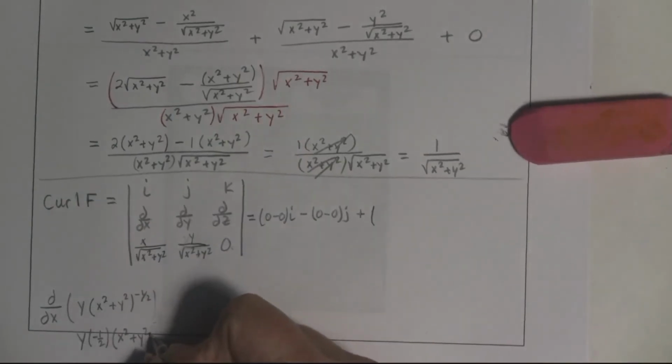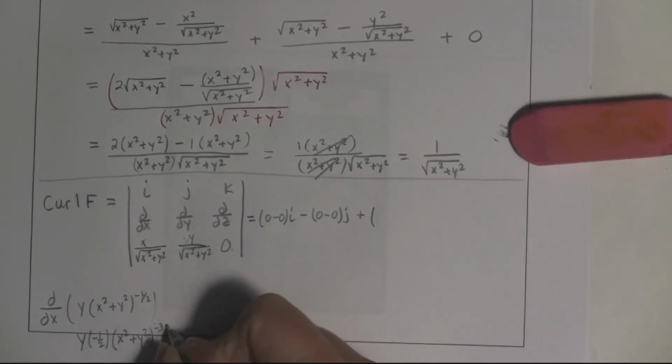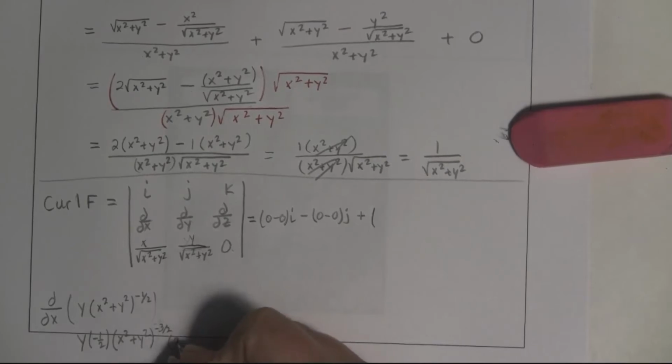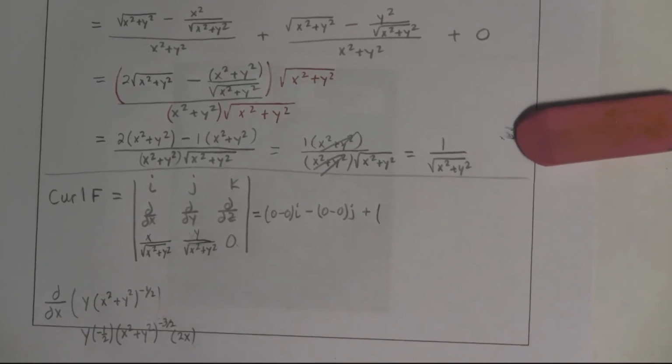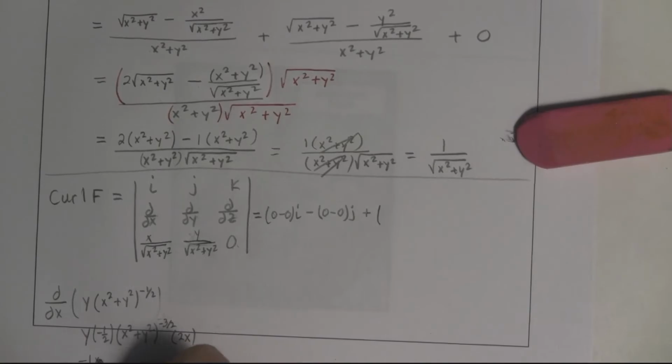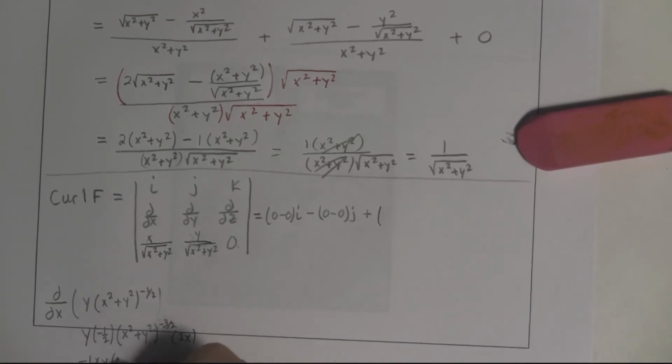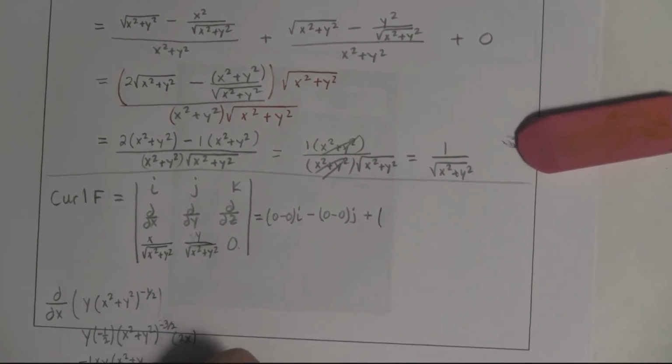You're like, no, don't make it look nicer. And so this is times 2x. So when the dust clears here, the negative half times the 2 gives me negative 1. So this gives me negative 1 x, y, and then x squared plus y squared to the negative 3 halves.